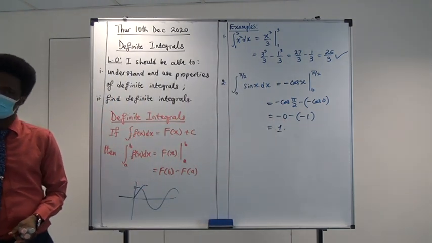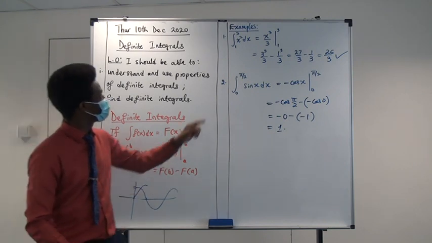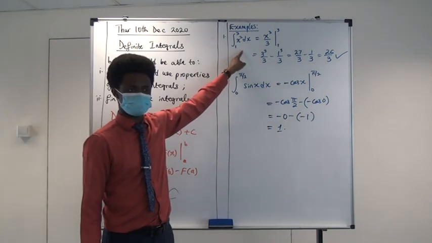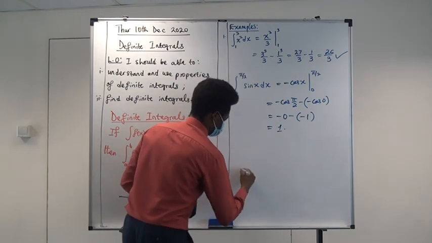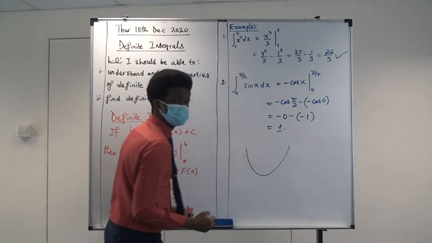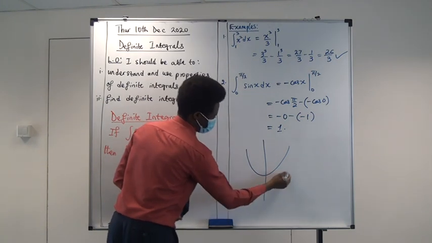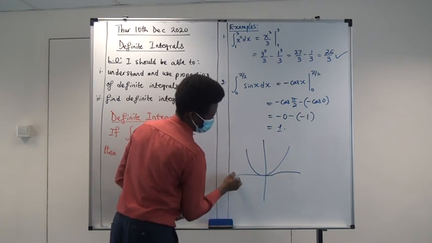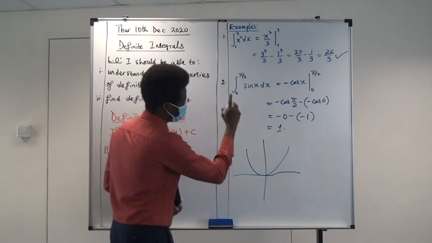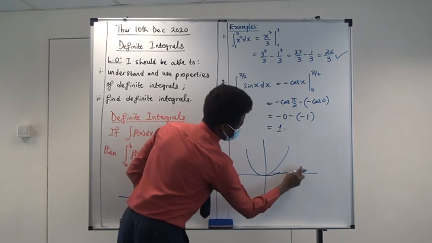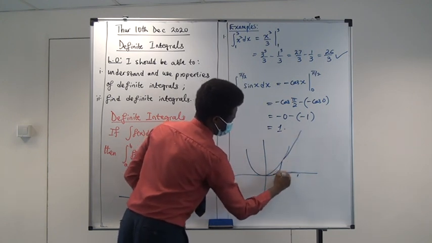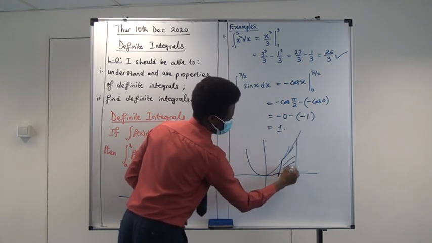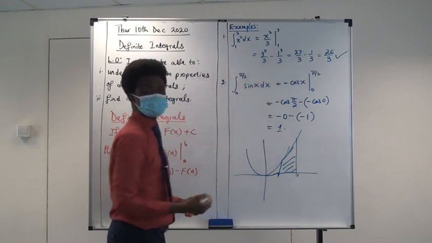What this means in the next section is that if you draw a curve, x squared, the curve x squared will look like this, right? And it turns at 0, like this, right? If you find the area between 1 and 3 under this curve, this shaded part, the value of the area is 26/3.